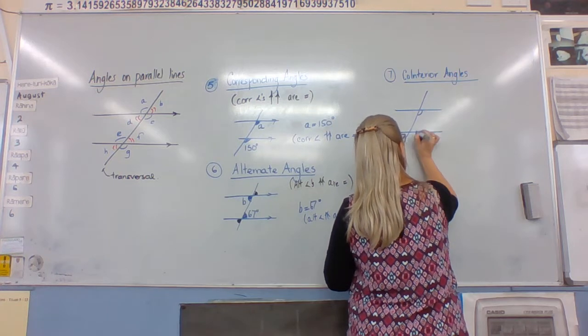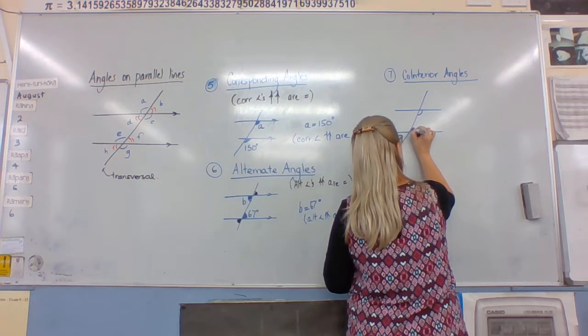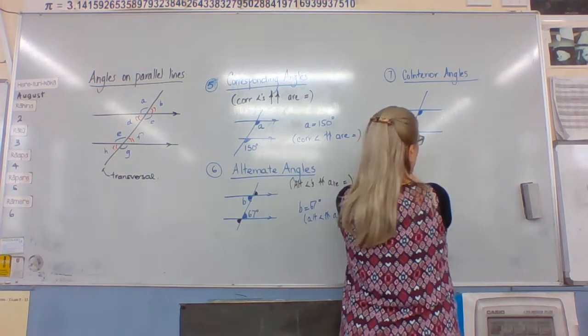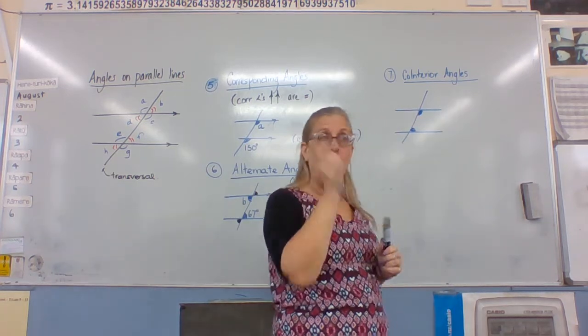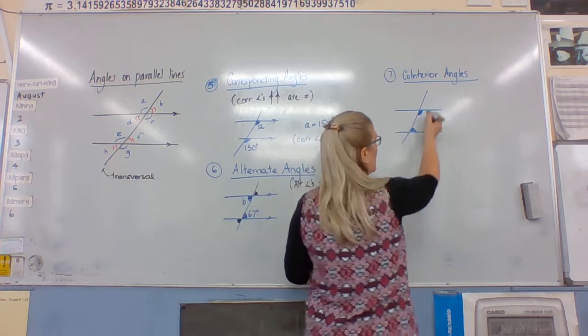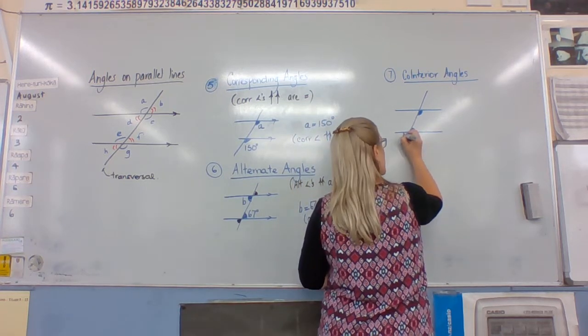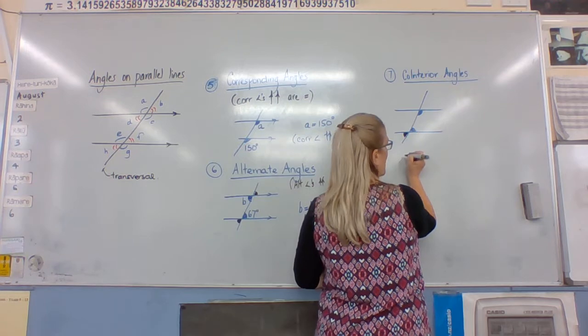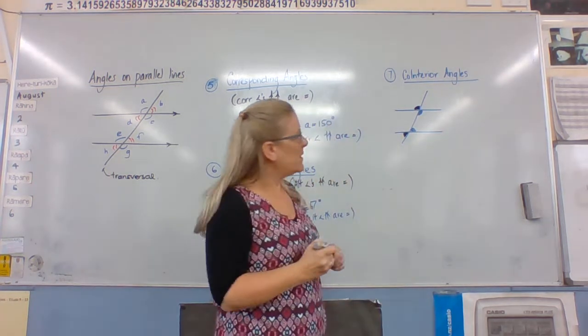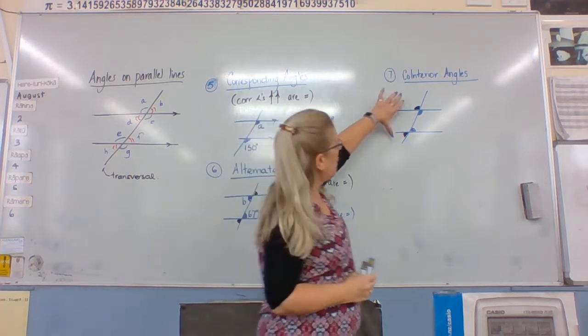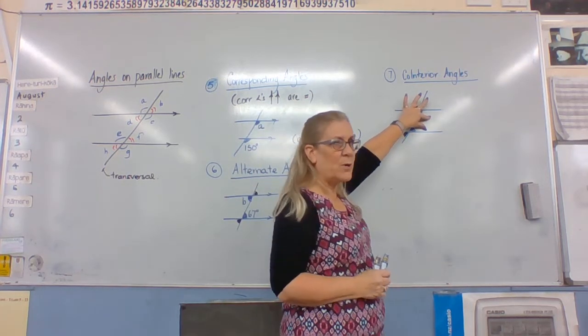This one and this one. On the same side of the transversal, on the inside, but there are 4 pairs in each case. So it's also this one on the outside, on the same side of the transversal. All right? So those 2 are co-interior, these 2 are co-interior.